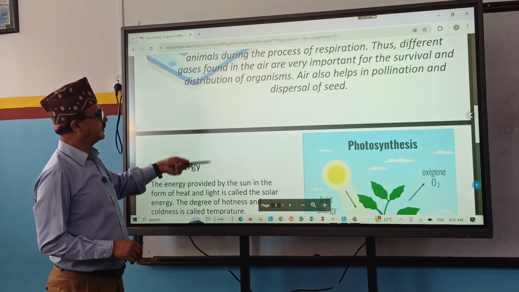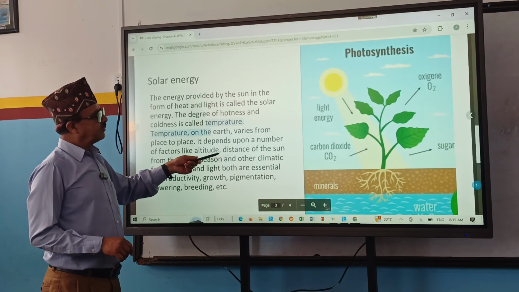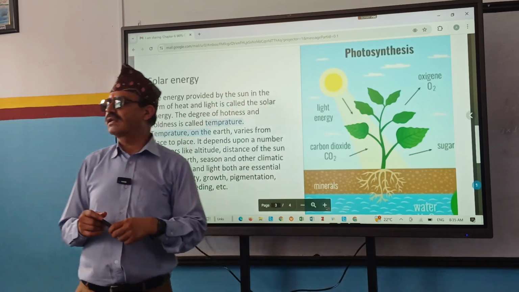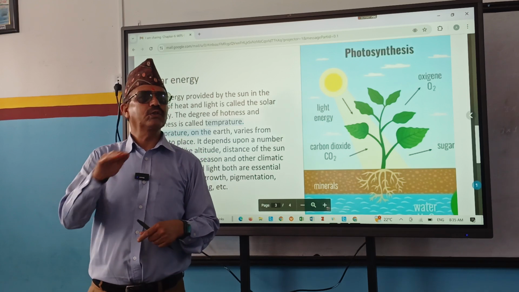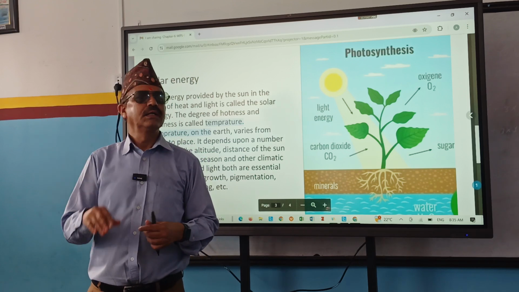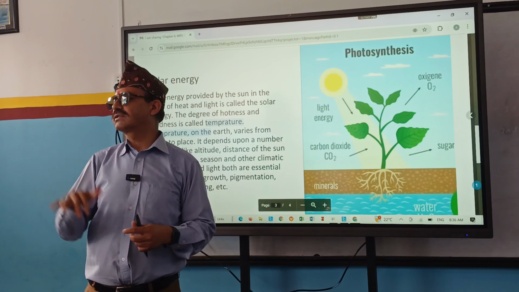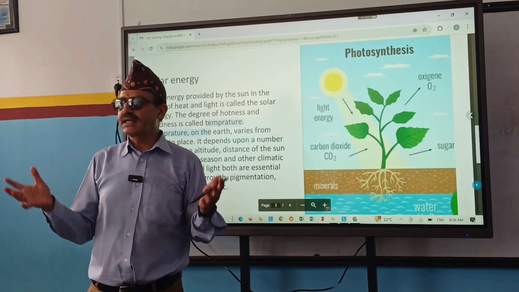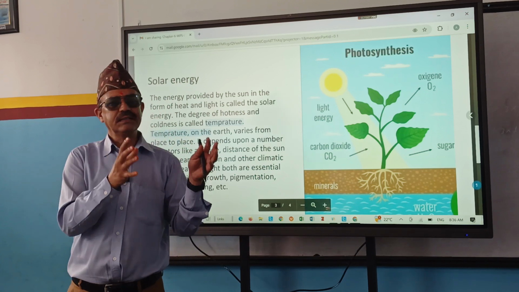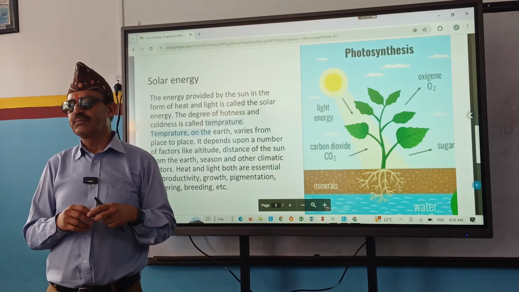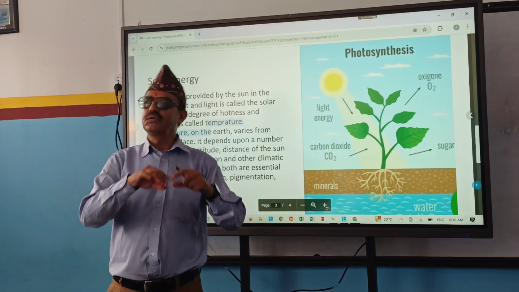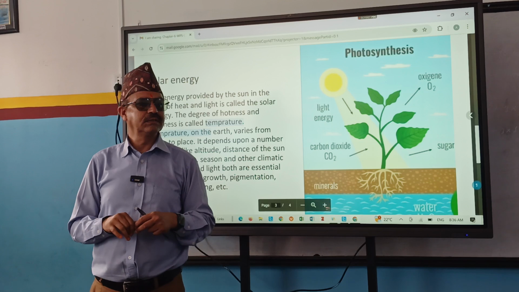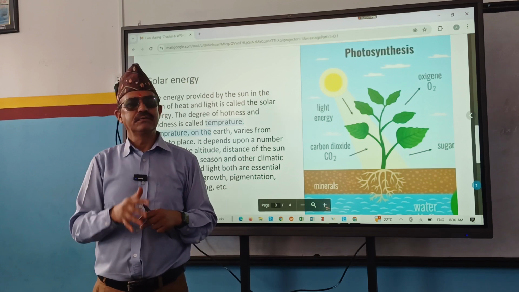Next one is solar energy. Can we do anything without solar energy? If the sun does not shine for 1 month, then nearly 50% of organisms may die. They cannot survive. Last time I kept some plants inside my drawing room, and the windows were closed for 3-4 days. 3 plants died.